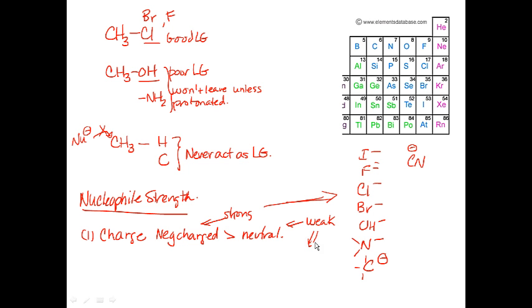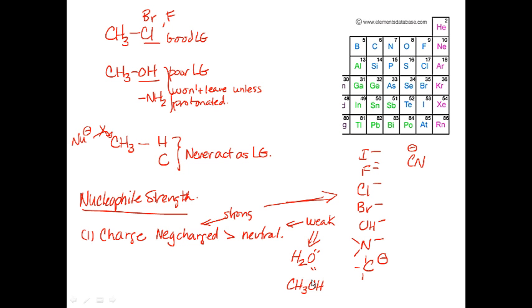Now what are weak? So here are your examples of strong nucleophiles. What are your examples of weak nucleophiles? Well, the examples of weak nucleophiles are things like water, that has a lone pair so that it can function as a nucleophile, but it doesn't have a charge. So we're going to call water a weak nucleophile. The other weak nucleophiles are alcohols.